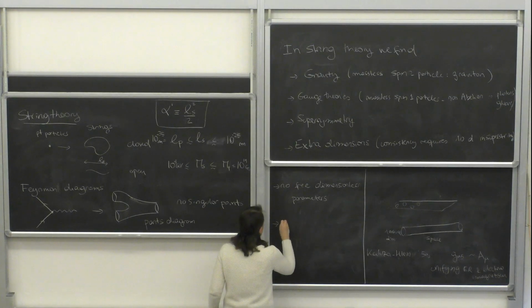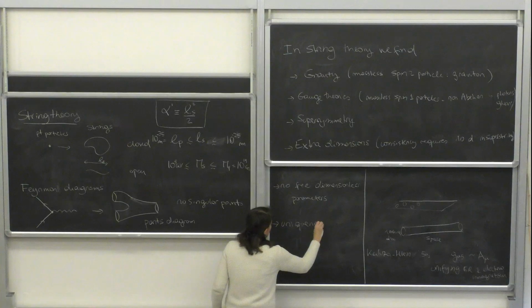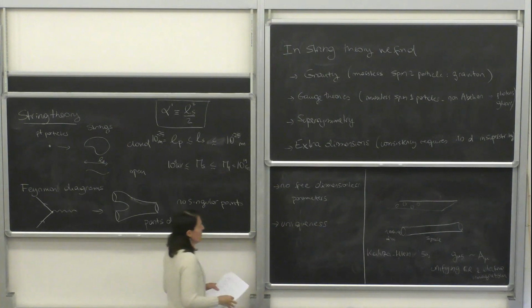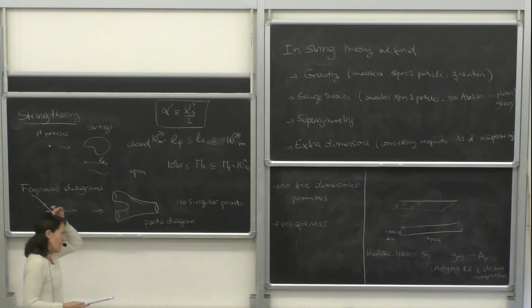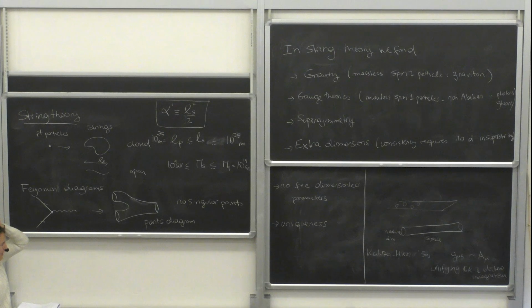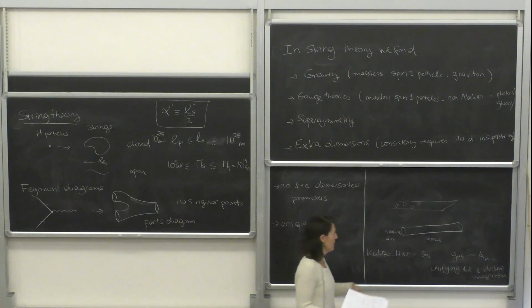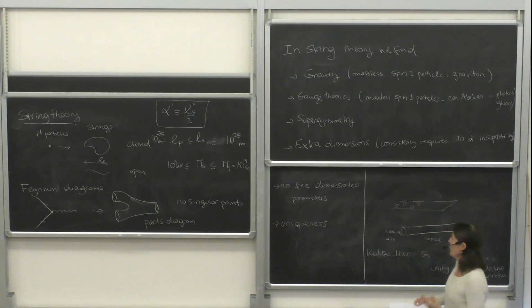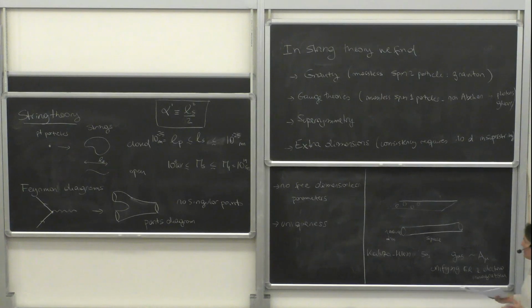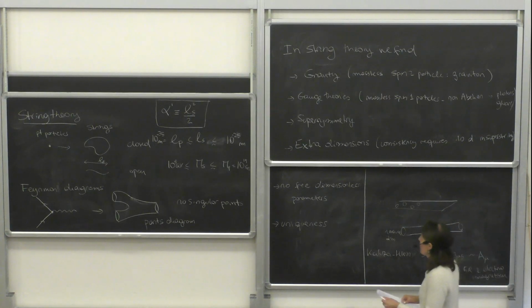And the last very nice thing is uniqueness. So we will see in the class that in the superstring there is a bosonic string, and then we'll see type 2A, type 2B, type 1, and two heterotic theories, and it looks like a big zoo, and you start, okay, then I don't believe it too much.